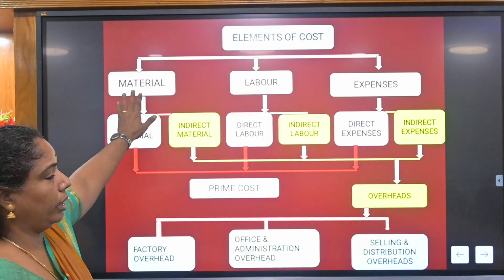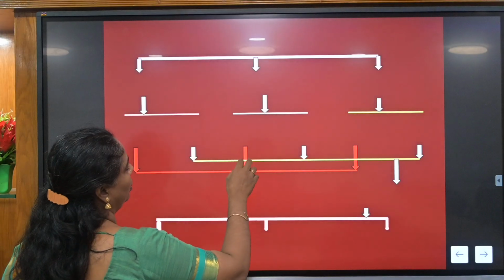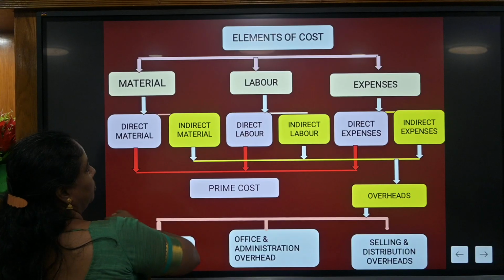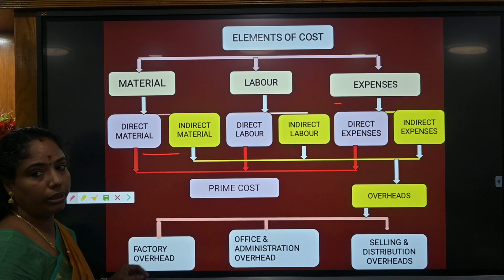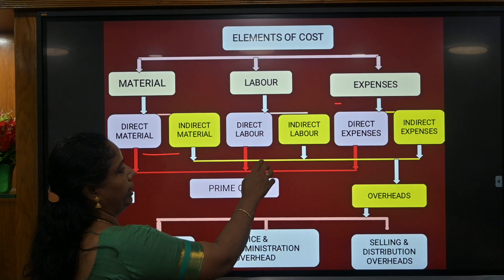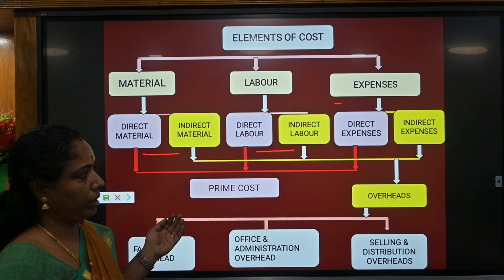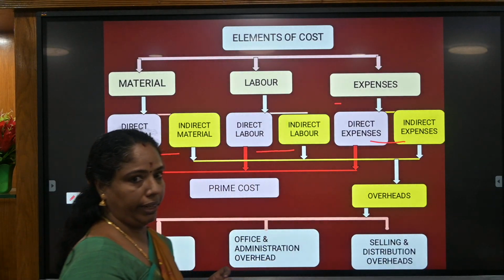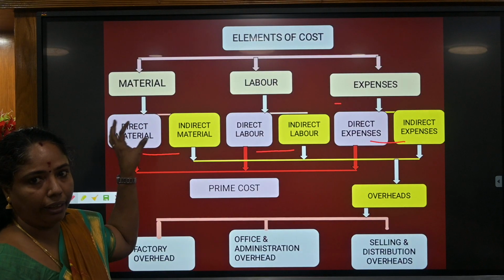So the first thing is material, then labor, then expenses. Material is further divided into direct material and indirect material, labor into direct labor and indirect labor, and expenses into direct expenses and indirect expenses. So in everything we have direct and indirect.